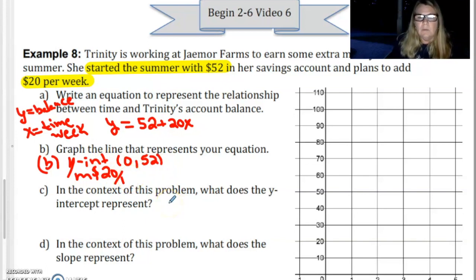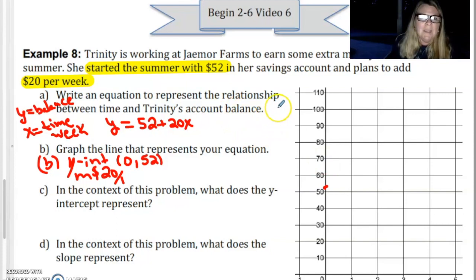So let's go ahead and start with our graph. The y-intercept is 52, doing the best that we can on getting about where 52 might be. And it says that we're going to go up $20 each week. You've got to pay attention to your scale; we're counting by tens, and we're going up $20 per week.